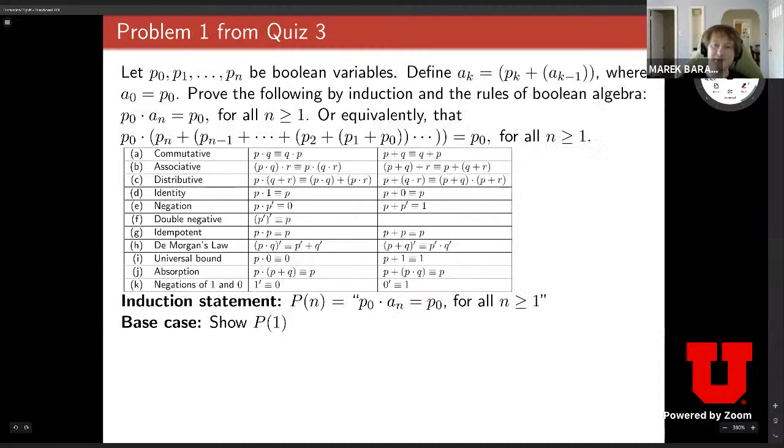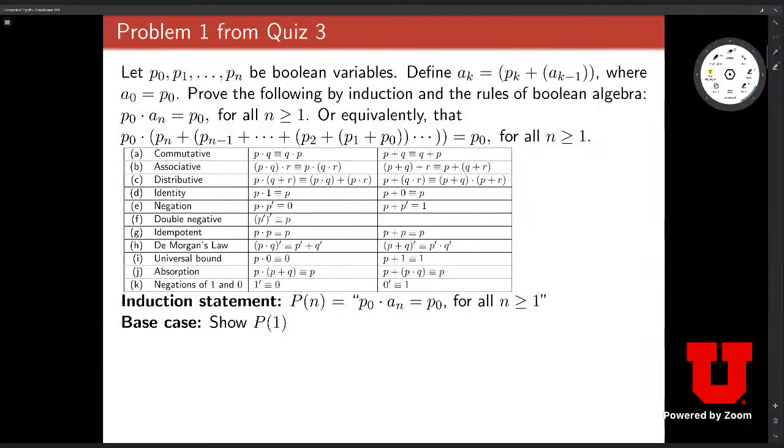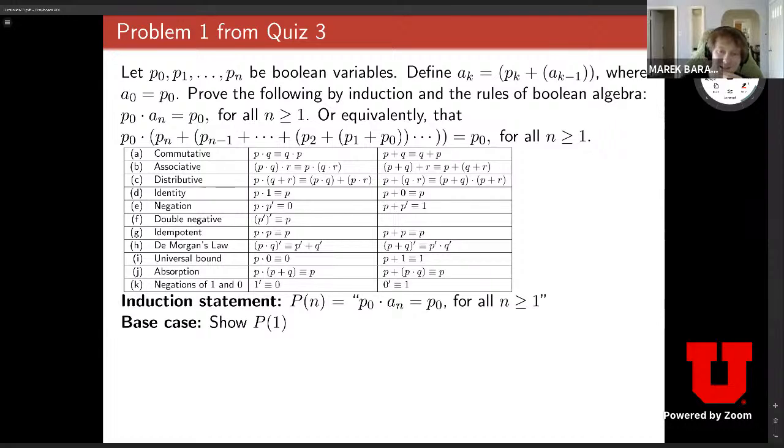Okay. So first we'll do a couple of problems from quiz 3. Normally I would say to let you think about it, but I suppose you already have. We have Boolean variables p0 to pn, and the sequence ak equals p sub k plus a sub k minus 1, where a0 is p0.